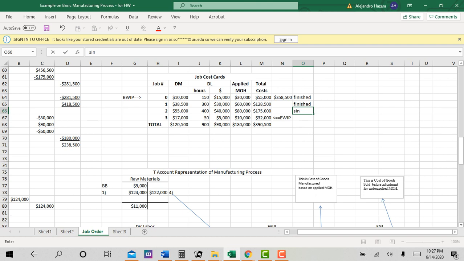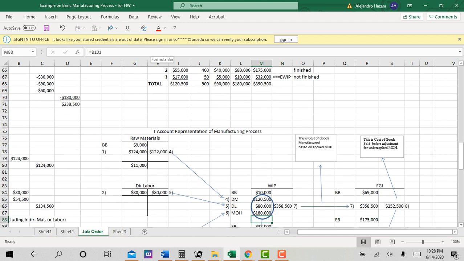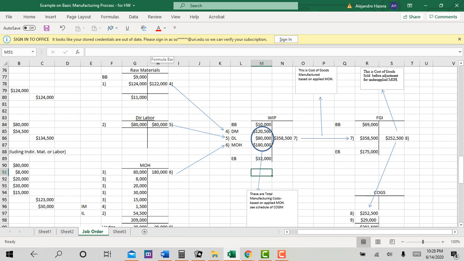And this job here was finished. And so the only job that was not finished was job 3 here, and that's equal to your balance in the ending work in process account. So this would be job 3.